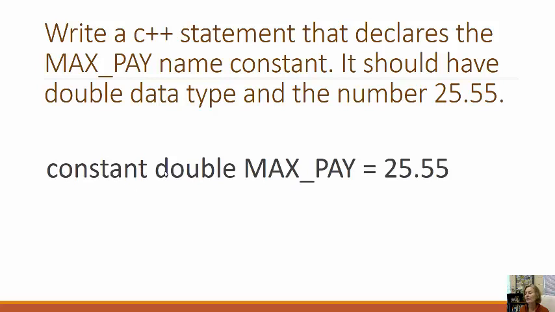This is incorrect. Double, MAX underscore PAY, all in caps, equals 25.55. And if you look closely, this is also missing a semicolon, which it should have. So there are two errors in this answer. Keep in mind it should say CONST, eliminate ANT, and that you should have a semicolon here.